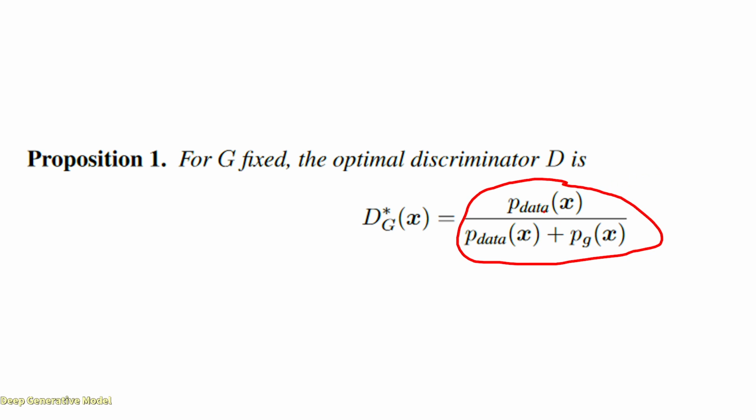Given that we already know what x is, the probability of x coming from a real image is exactly this one. So that's it. After we get this formula, we know what output the discriminator should have.